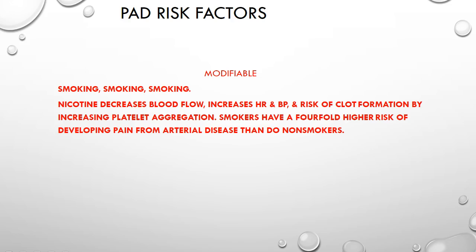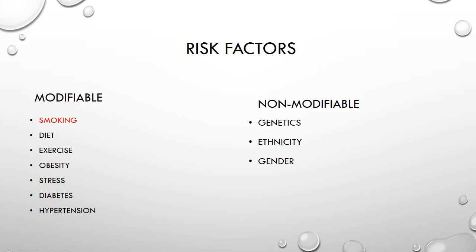Smokers have a 4-fold higher risk of developing pain from arterial disease than non-smokers. So people that have intermittent claudication, they're 4 times more likely to have intermittent claudication or rest pain if they smoke, versus those who do not smoke.